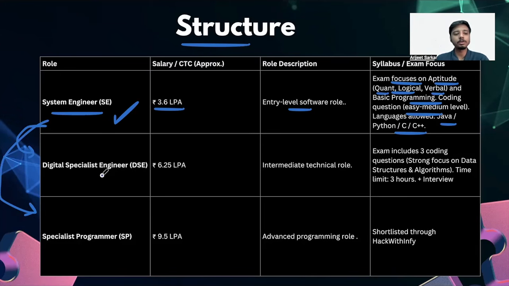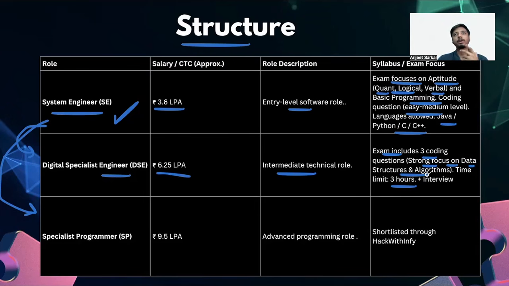Now, moving on to the DSE role, it gives us a salary package of 6.25 lakhs per annum, and it's an intermediate role. The responsibility here is going to be higher than the last role, which is the system engineer, right? The exam pattern here is that we have three coding related questions, and the allocated time for solving them is 3 hours. So 1 hour for each question, and we need to have a strong focus on data structure and algorithm, right?